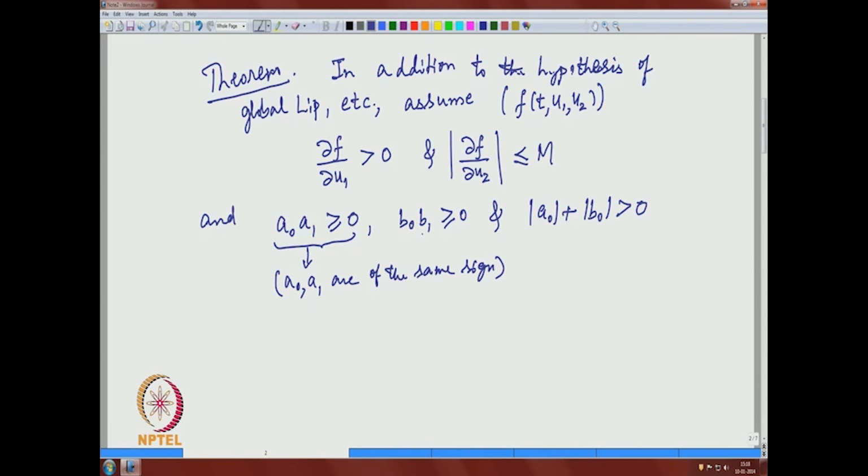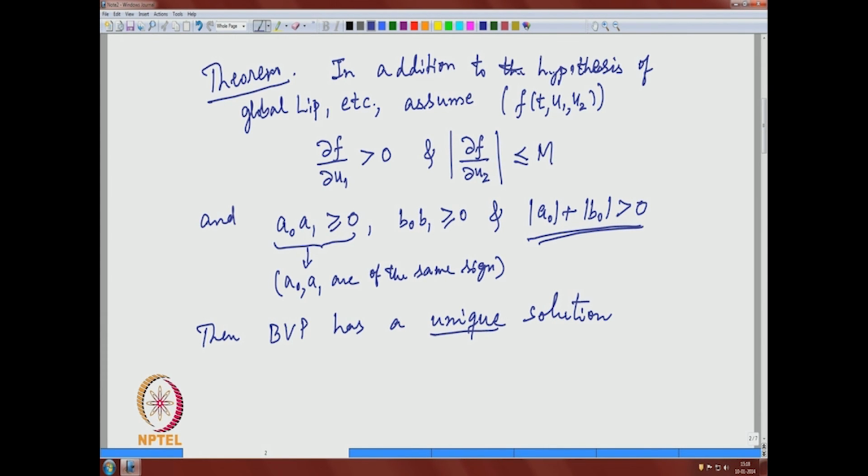And similarly, b0, b1, and a0, b0 do not vanish simultaneously. So, this is the condition. Then the BVP has a unique solution. Okay.